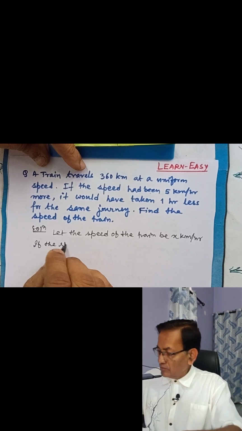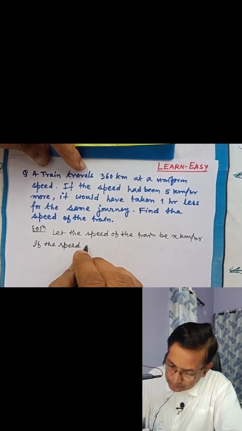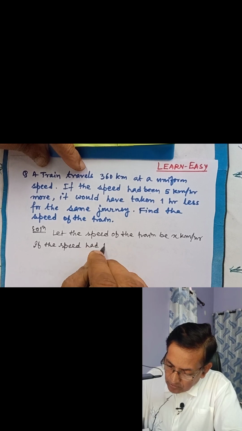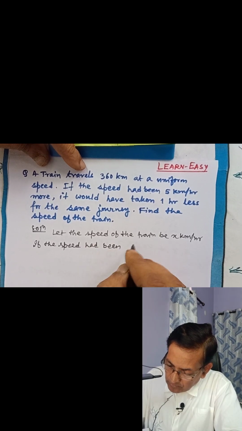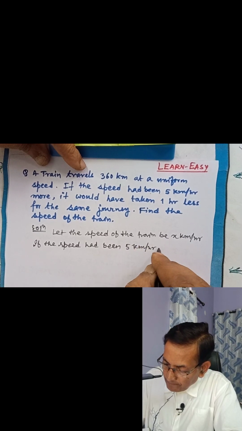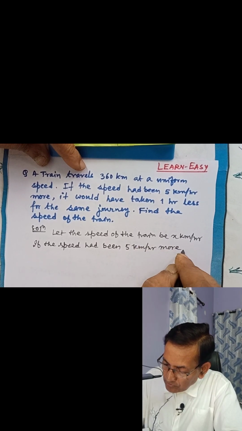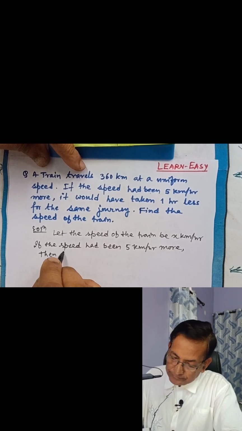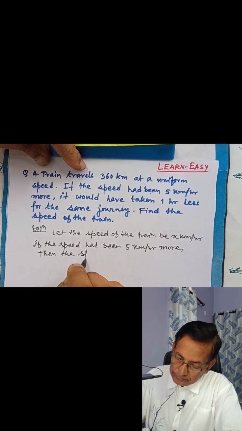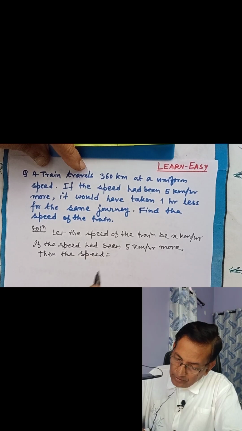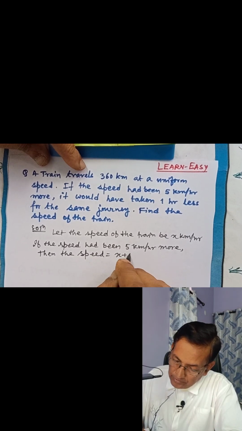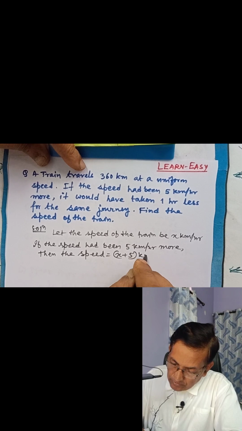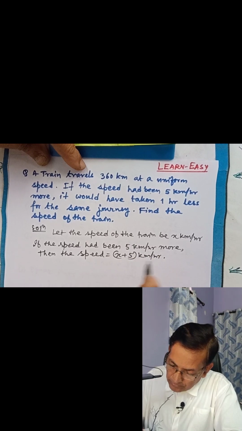If the speed had been 5 km per hour more, then the speed is equal to x plus 5 km per hour.